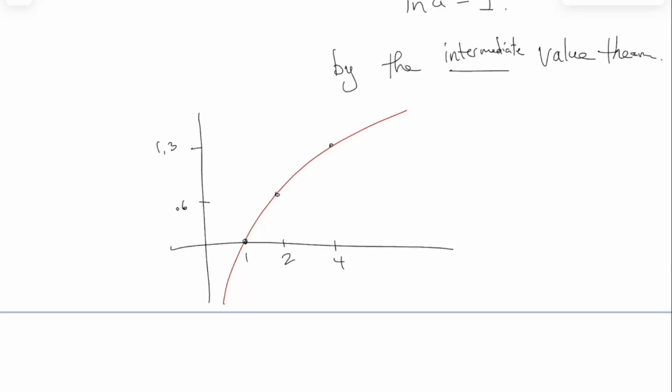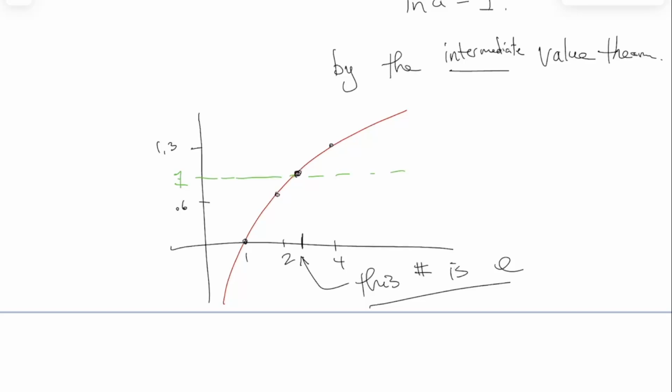It means somewhere in between, let's say it's around here, this equals 1. There actually is some number right there where ln of that number equals 1. And that number is called e. That's the definition of the number e.